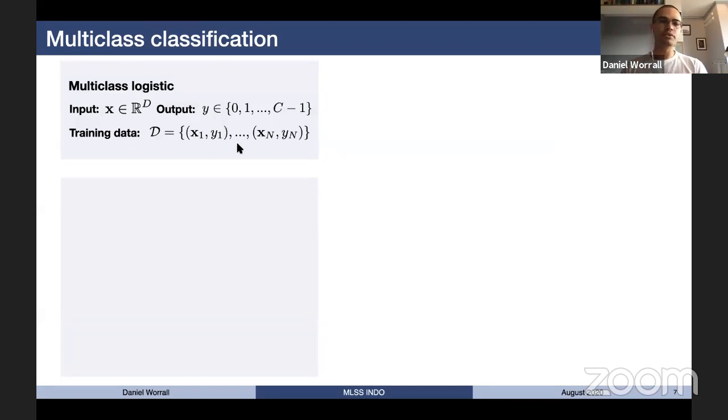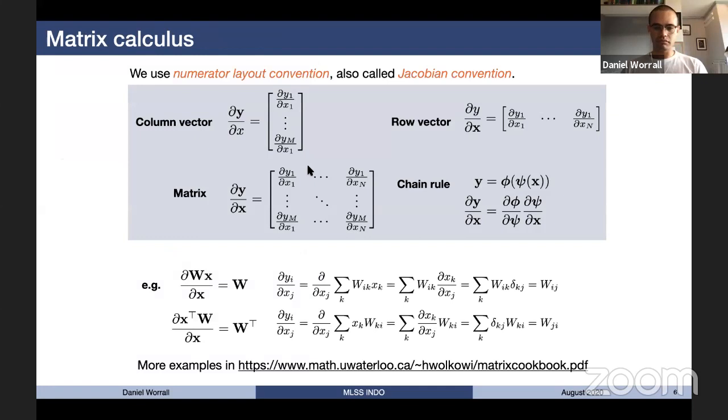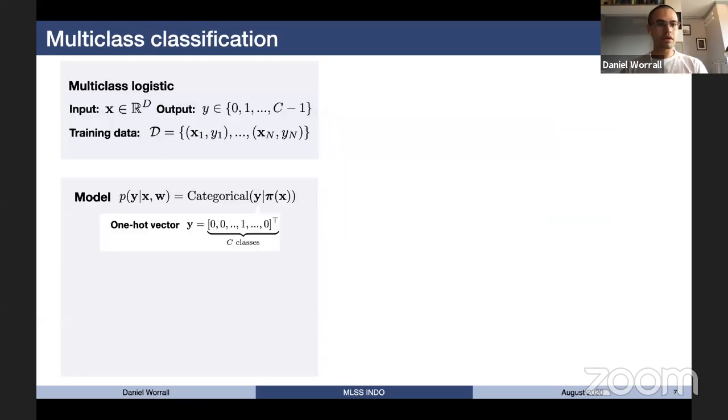It's a very, very small change. We just change the output distribution from this Bernoulli to another thing called a categorical. The categorical distribution is a distribution over C different distinct classes. And now we do a bit of an interesting switcheroo with the labels y.